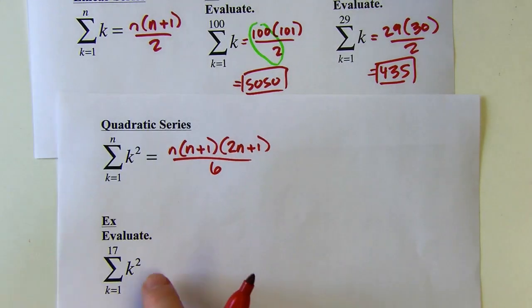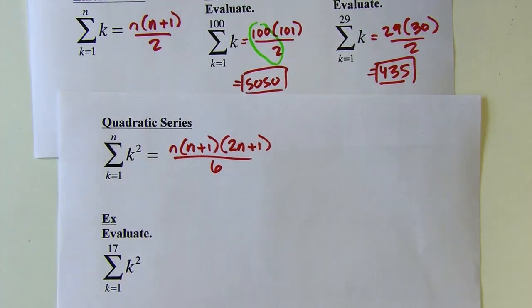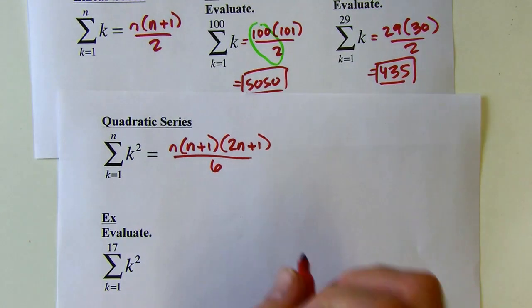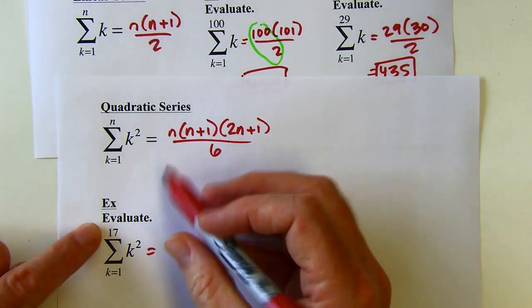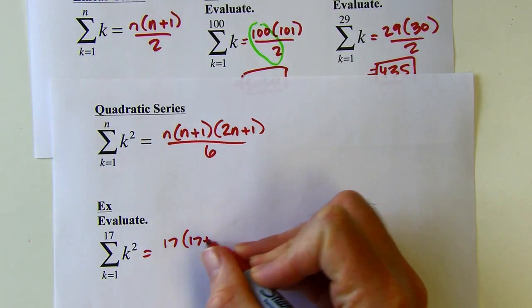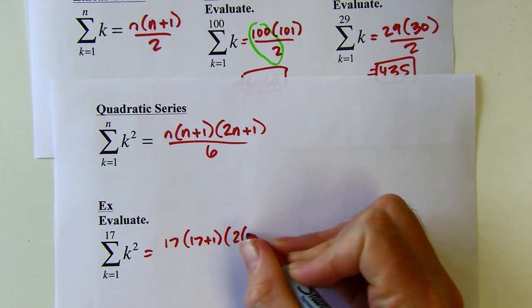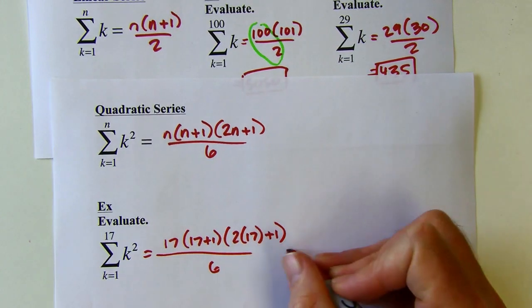So in this example, I've got 1 squared plus 2 squared plus 3 squared all the way to 17 squared. You're welcome to expand that by hand, but let's try out this shortcut, okay? So n, that's the number of terms, is going to be 17. And then I'm going to have 17 plus 1 in here, and 2 times 17 plus 1. This is all going to be over 6, okay?